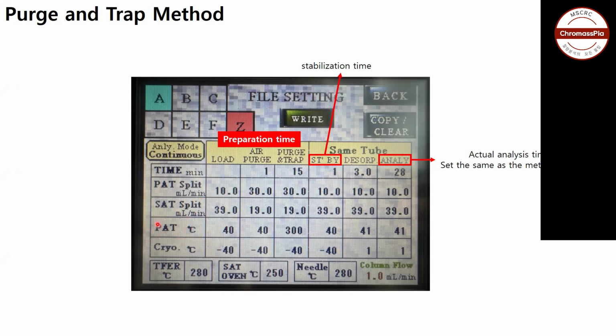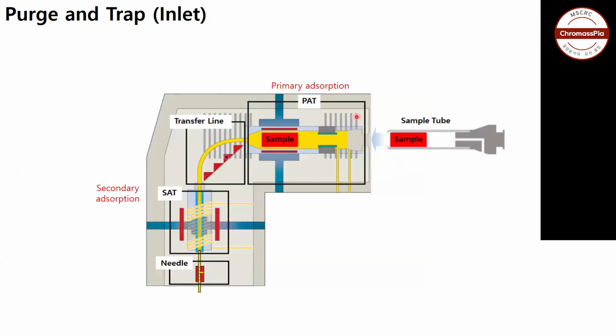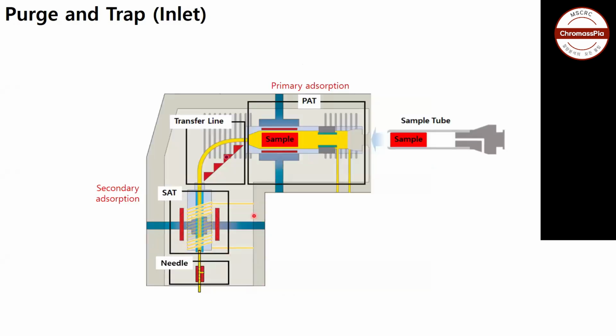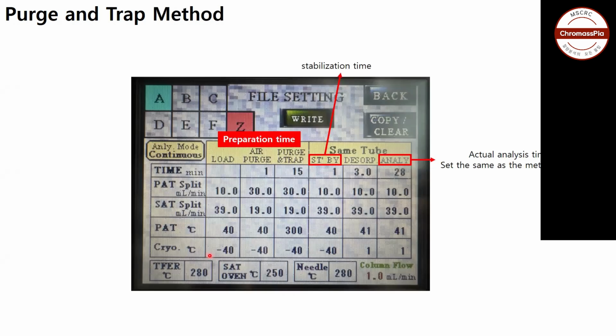This PAT temperature refers to the oven temperature at the primary absorption site, and this cryo is the temperature used during absorption at the secondary absorption site. Additionally, you can set the temperature for the transfer line, SAT oven, and needle.